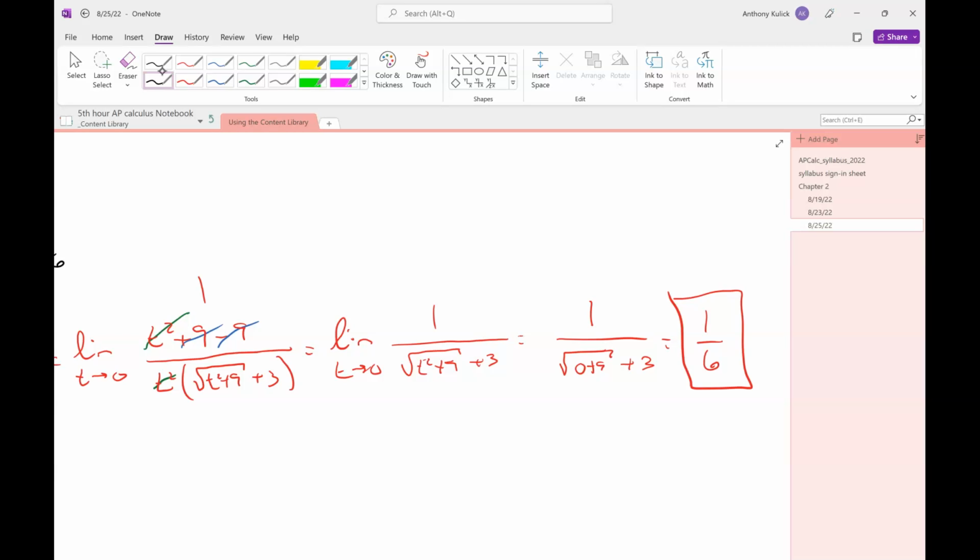Everybody feel good with that? So these two tricks that you've just seen, just doing some simplifying and reducing or multiplying by a conjugate, are really common limit tricks to take something that you can't use direct substitution on and turn it into something you can use direct substitution on.